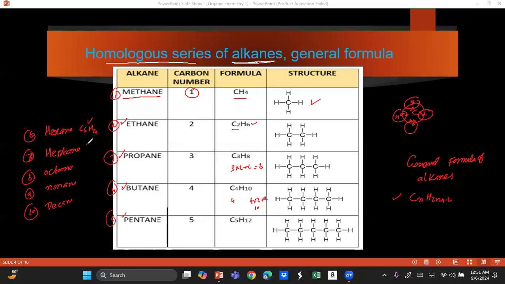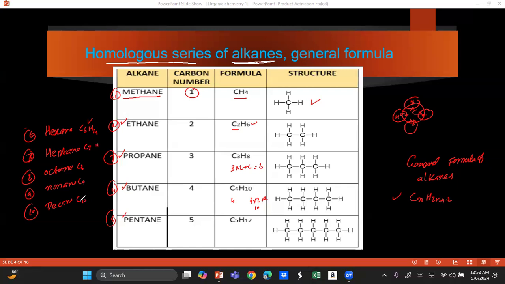Similarly, heptane has 7 carbons, so hydrogen is 16. Octane has 8 carbons, so hydrogen is 18. So the hydrogen number will be double plus 2 of the carbon number. Hope you understand. Due to this homologous series, we can easily predict the properties of every member.